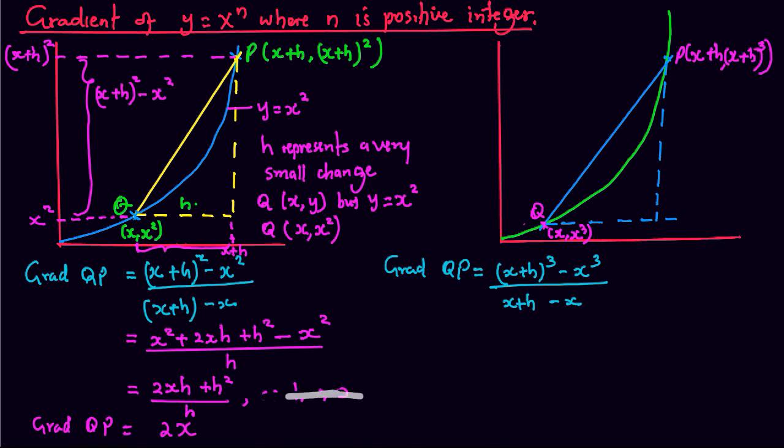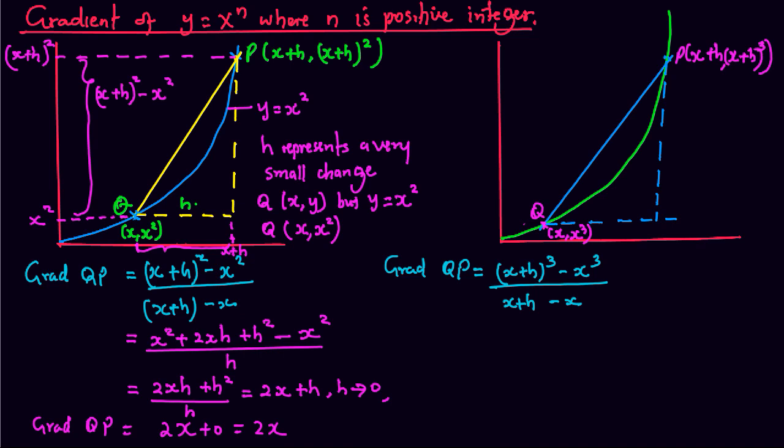Remember, this can simplify as 2x plus h. So as h tends to 0, gradient QP is equal to 2x plus 0, which is equal to 2x. So that is for the case y is equal to x squared.